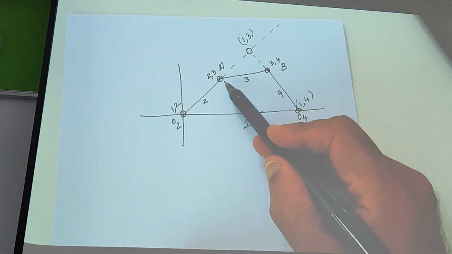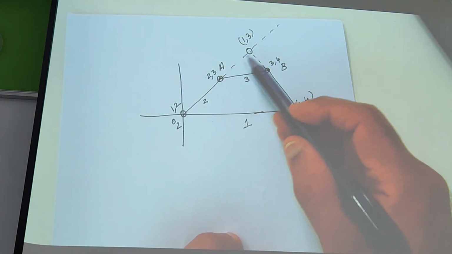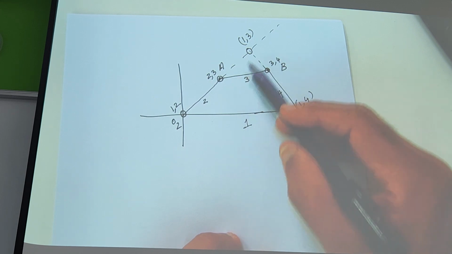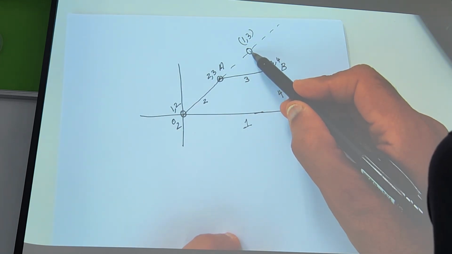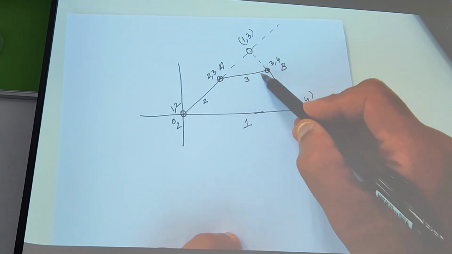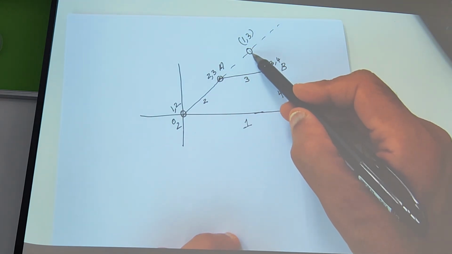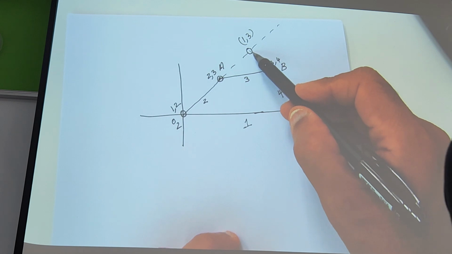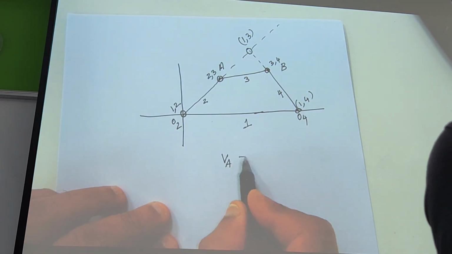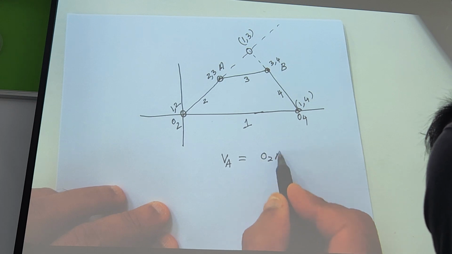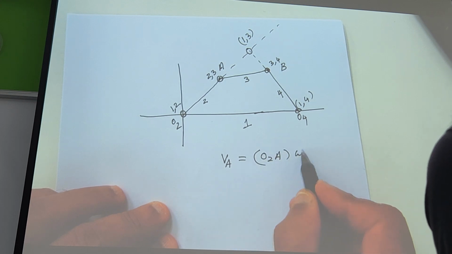So now point A on link 3 will have instantaneous center at 1, 3. That means if you know velocity A, we can write O2A into omega 2.